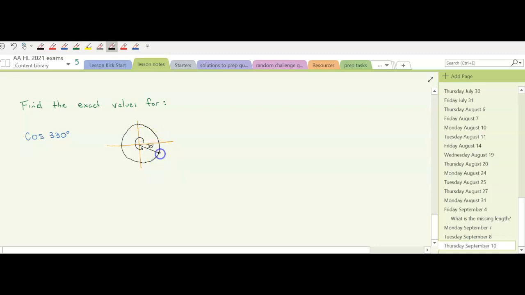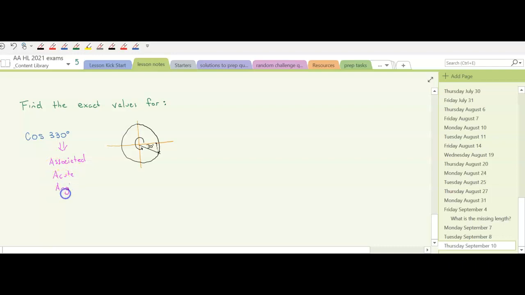So what I'm after actually is the x coordinate here. So I'm after this value here. What is that x coordinate there? So I'm drawing on my associated acute angle. And my associated acute angle for 330, we're going to refer to this term a little bit, associated acute angle.